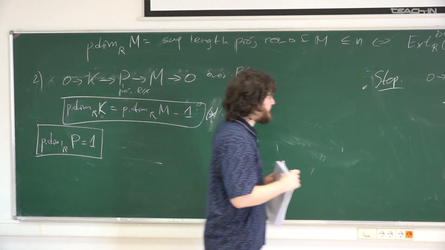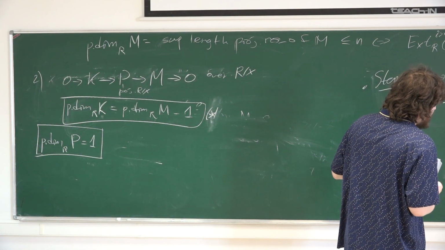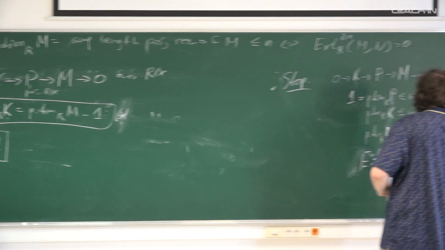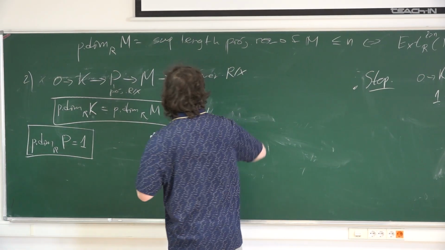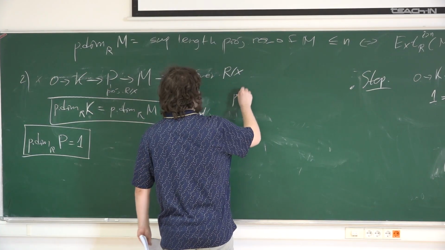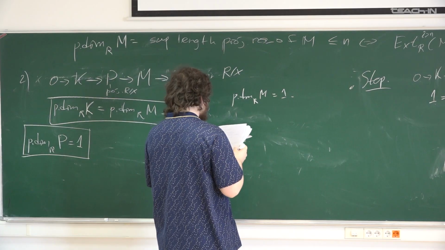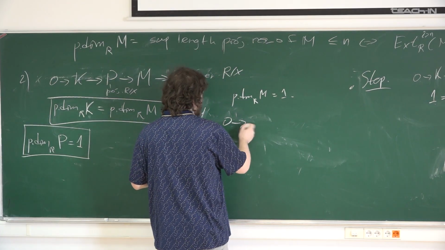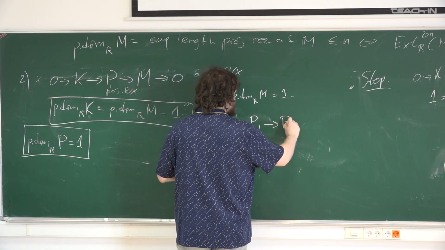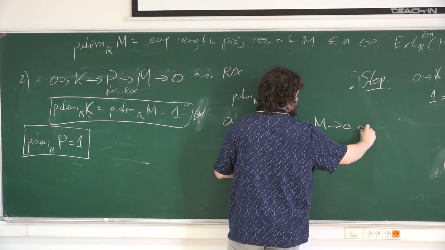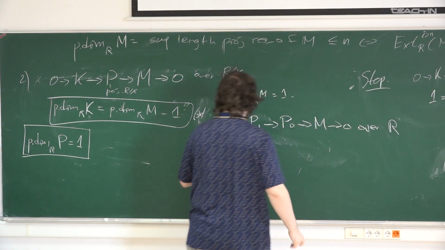Okay, now let's check this. If it has projective dimension 1, why is it not possible? This means that we have a projective resolution of length 1 of M over R.